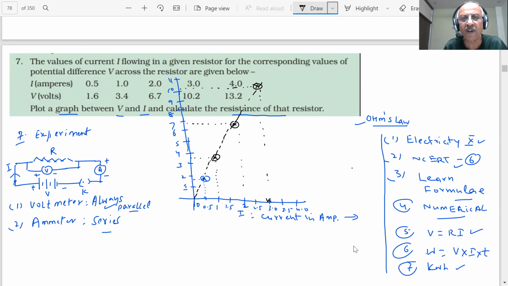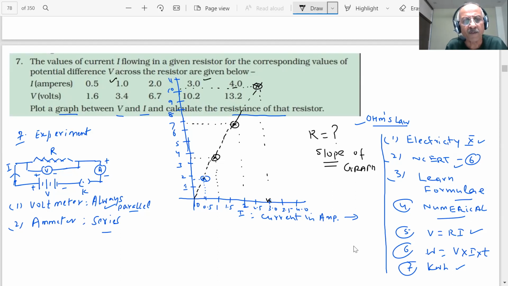Now, how to calculate the value of the resistance by the graph method? You know what the slope of the graph is? Slope of the graph, how do we calculate? If I take these two values, supposing I take current from 1 ampere to 3 amperes.